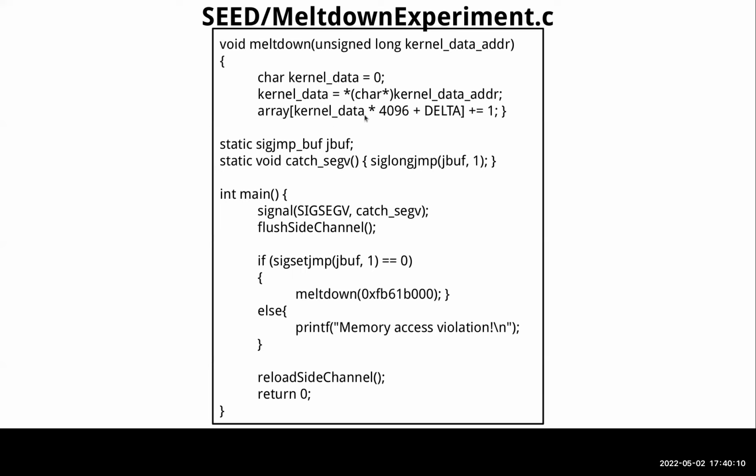This should not be successful, and it will not be successful. But the problem is, after that, there is another instruction, or at the C level, a statement. In this statement, we are going to use the kernel data.